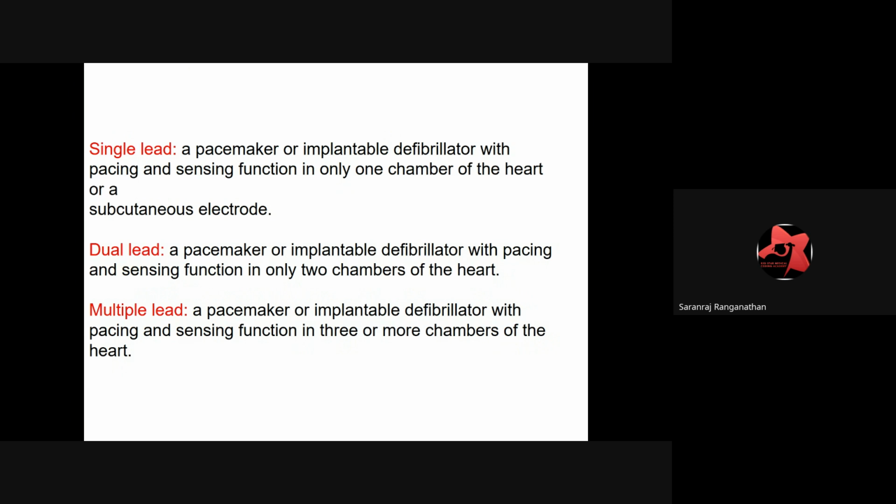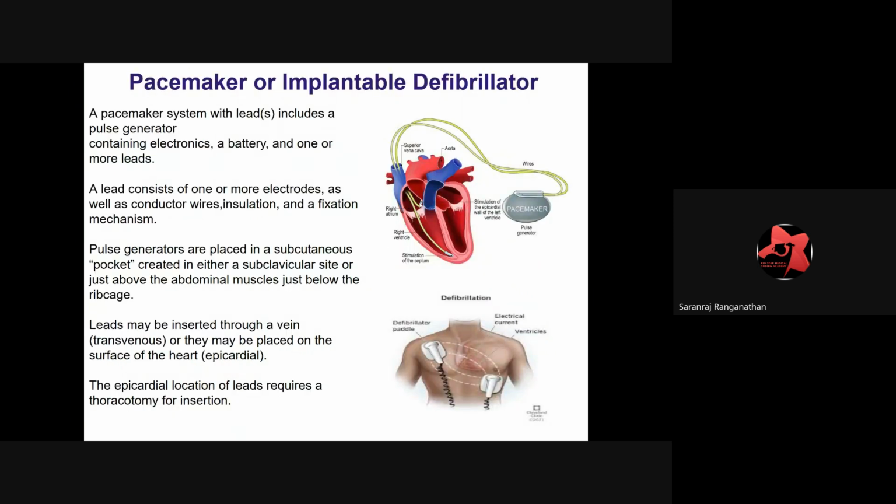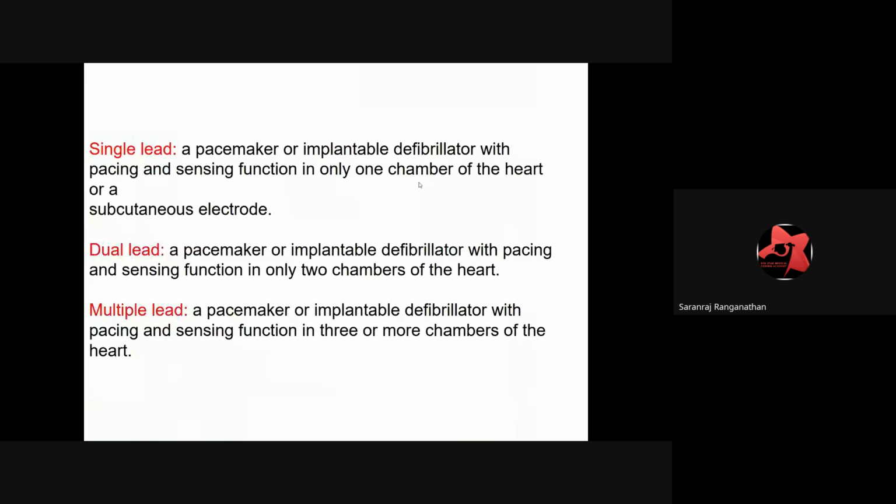Then there are single lead, dual lead and multiple lead. You can see in this image, it has two leads. So this one and this one, two leads will be there. Like that, sometimes they will place a single lead, sometimes a dual lead, then multiple lead. Single lead is a pacemaker or implantable defibrillator with pacing and sensing function in only one chamber of the heart, with a subcutaneous electrode.